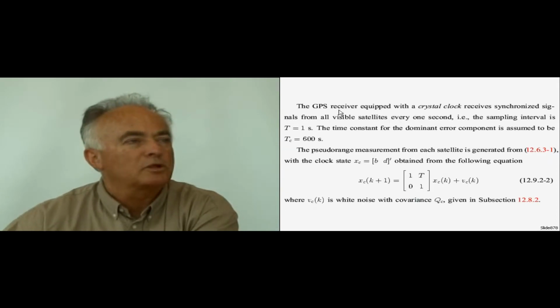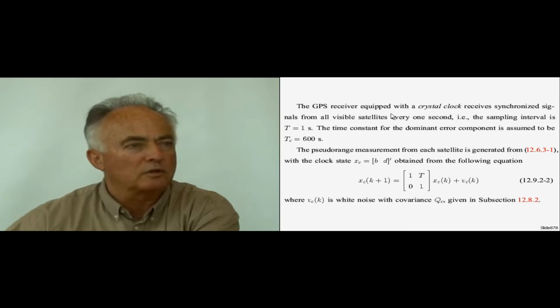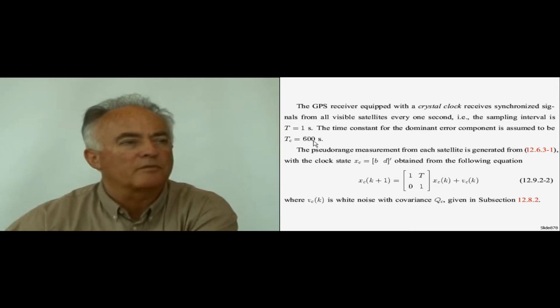Now, the GPS receiver is equipped with a crystal clock, which receives a synchronized signal from all visible satellites every second. The sampling interval is 1, and the time constant for the dominant error component of the clock is 600 seconds. This is a characteristic of crystal clocks.